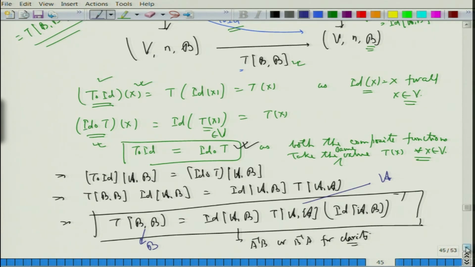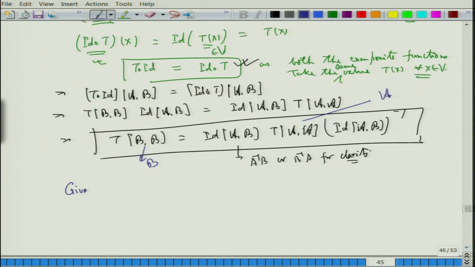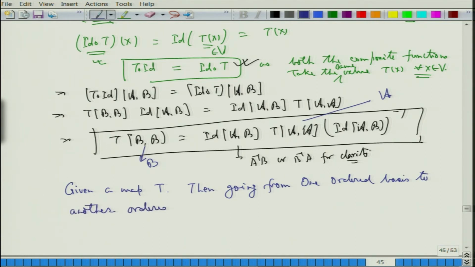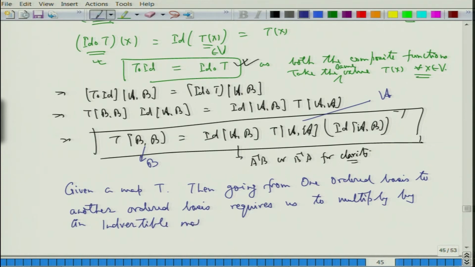So if I am going from one basis to another basis, given a map T, then going from one ordered basis to another ordered basis requires us to multiply by an invertible matrix.